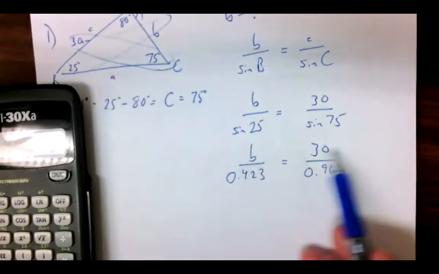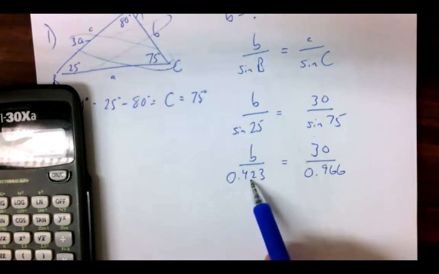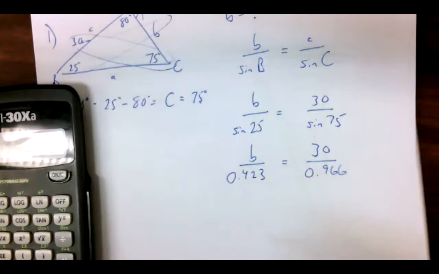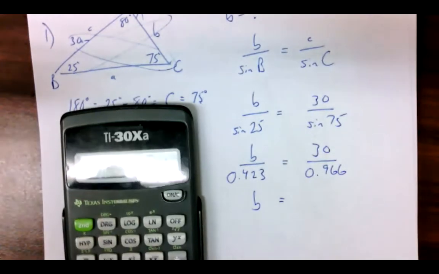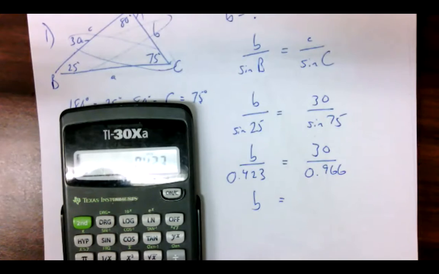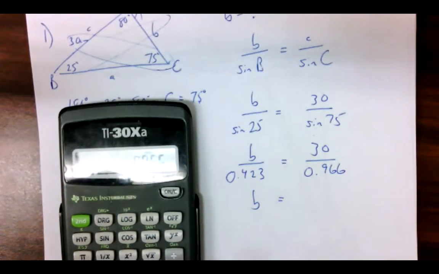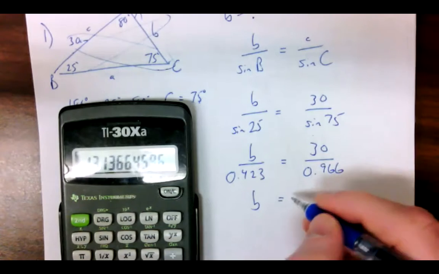So we want to isolate it. We multiply both sides by 0.423, which means it's going to be 0.423 times 30 divided by 0.966, which equals 13.